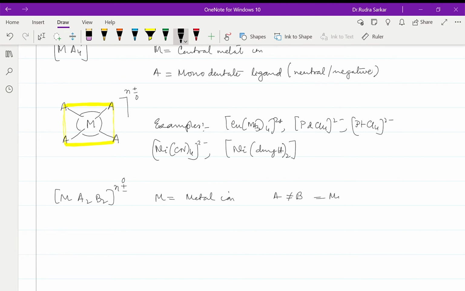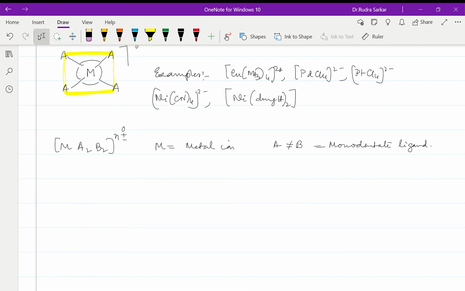They are monodentate ligands. Let us write the M at the center of the square. Let us place the donor atoms at the vertices of the square.